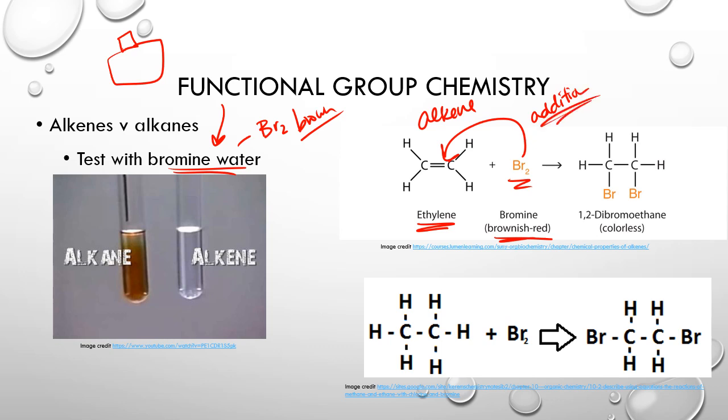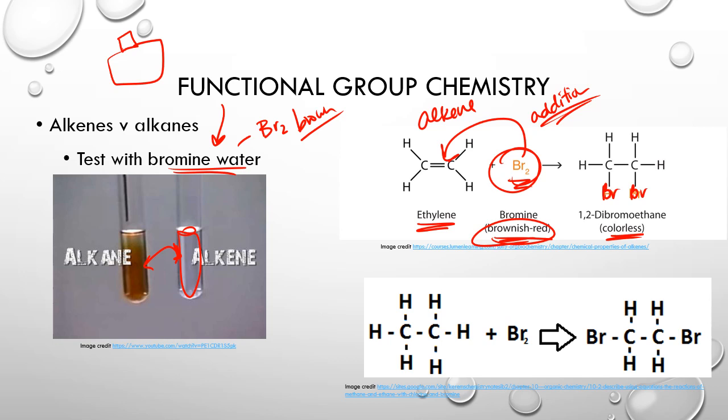The spontaneous addition reaction will happen, and then, because I don't have any more Br2, because I have bromine instead in this molecule, we're going to go from brownish red to colorless. It was like this, but then it turned like this. It turned colorless. That tells us that I had an alkene that went through an addition reaction with that bromine.